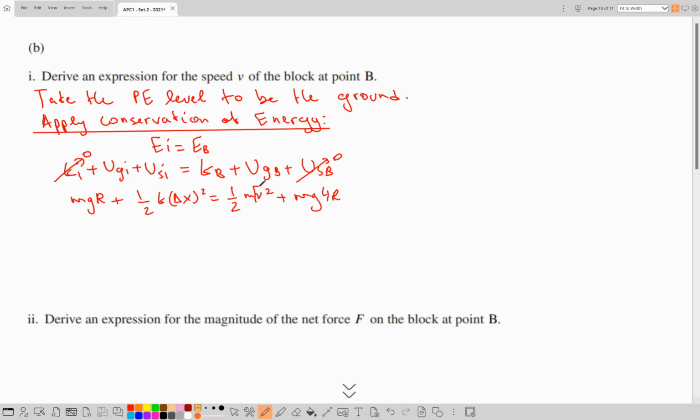And we're interested in determining v squared. So let me take this to the other side. That would be minus 3mgr plus half k delta x squared is equal to half mv squared, which means half mv squared is equal to half k delta x squared minus 3mgr.